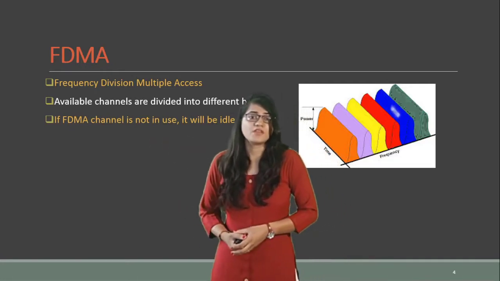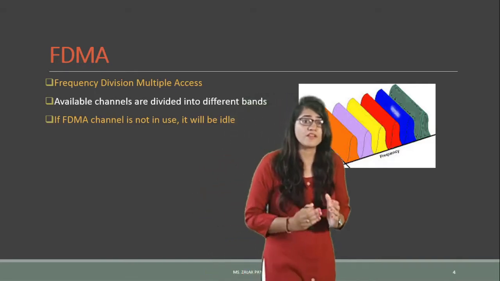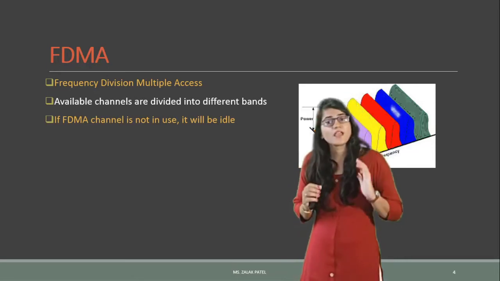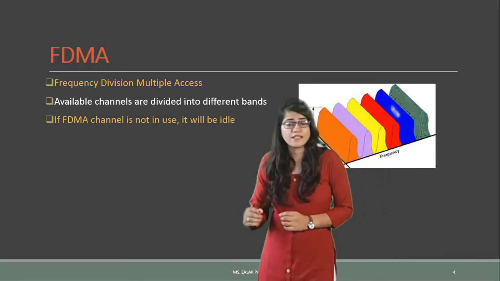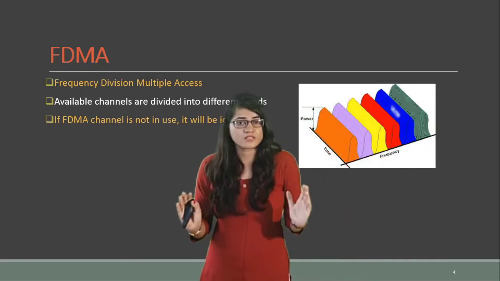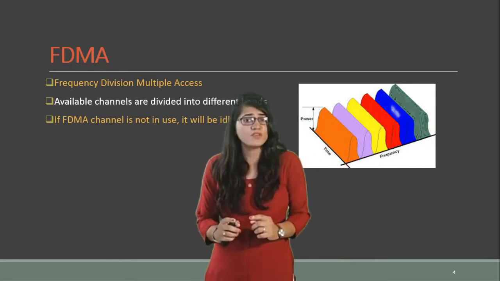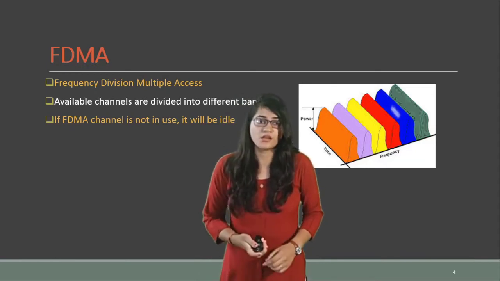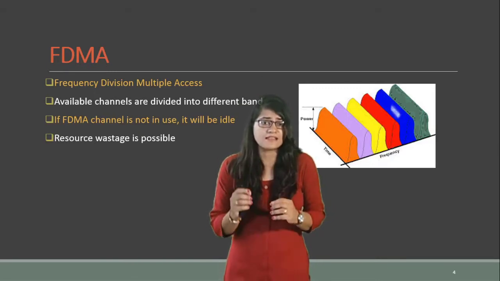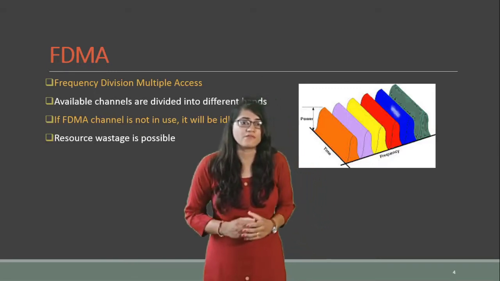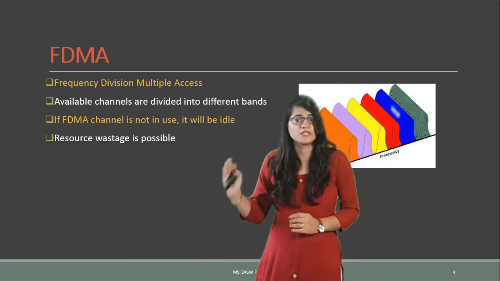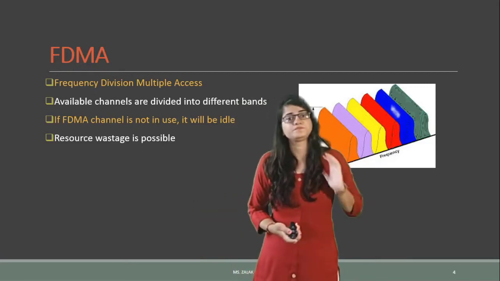If the FDMA channel is not in use, then it will be idle, meaning it cannot be used by any other available user. Resources are completely wasted, since that particular channel cannot be used by another user. So resource wastage is possible, and that is the biggest limitation of FDMA: even if the channel is free at a time, the other user cannot use it.